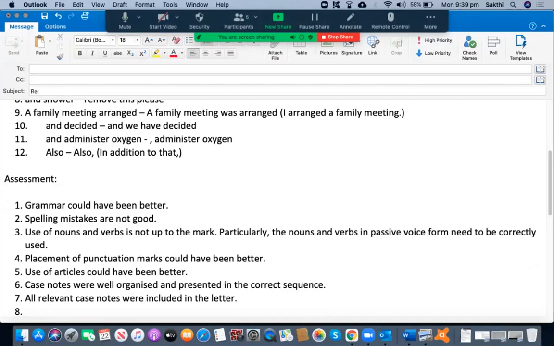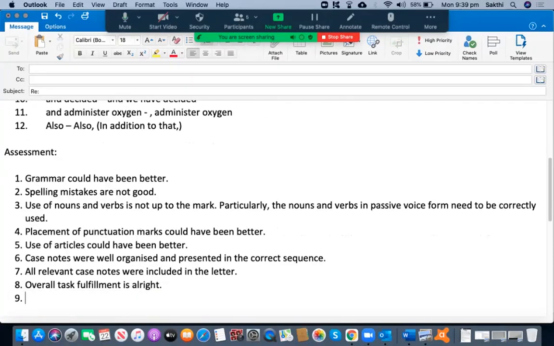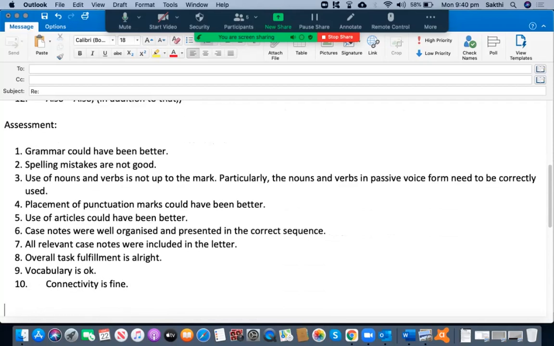Overall, task fulfillment is all right. I'm happy with that as well. Vocabulary is okay. Connectivity is fine. Okay, let me give you the score.